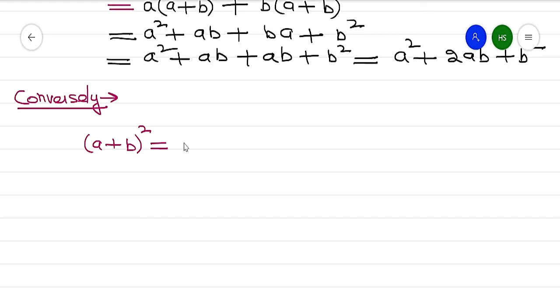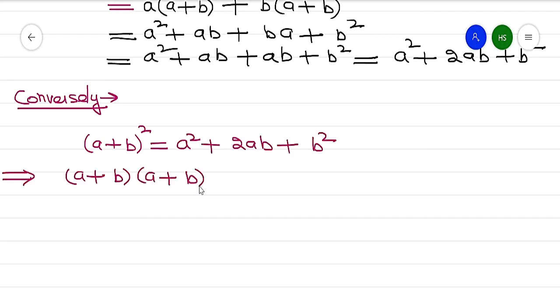It implies (a plus b) into (a plus b). This value is a square plus ab plus ab plus b square.